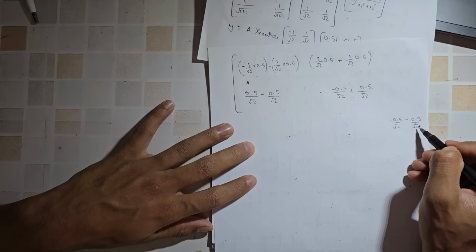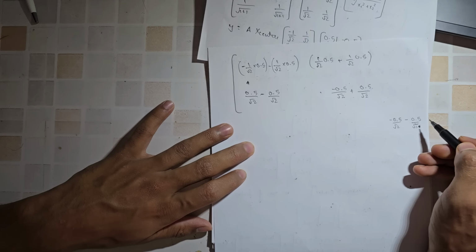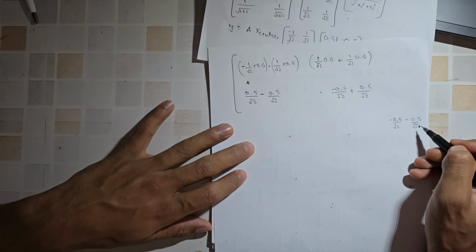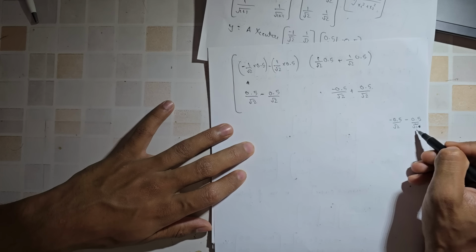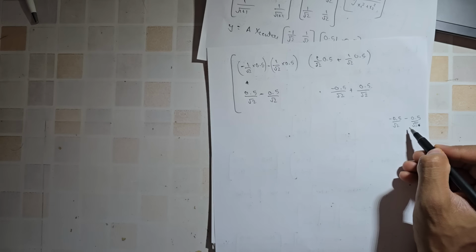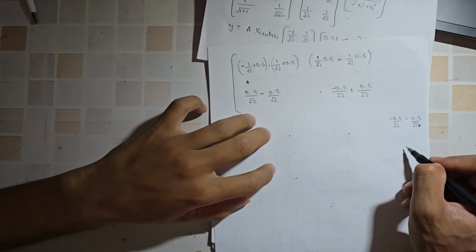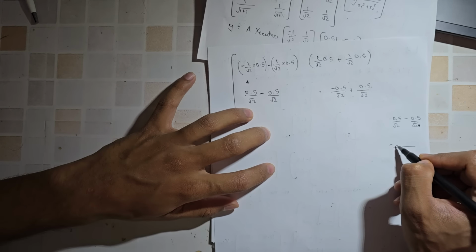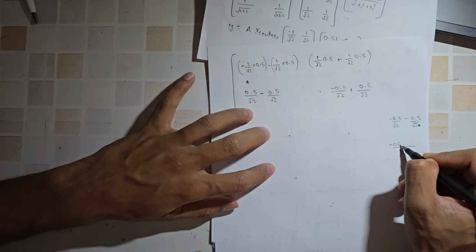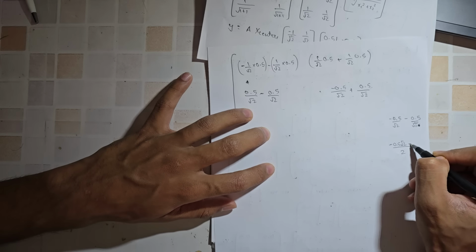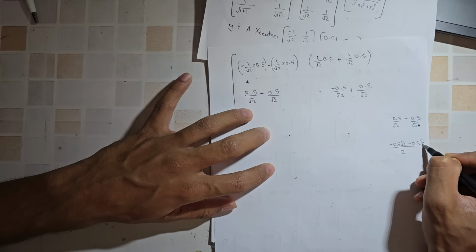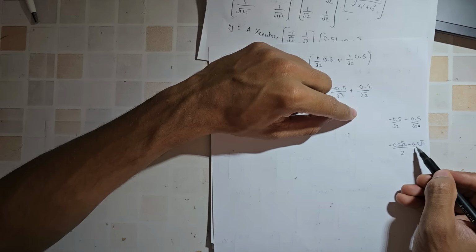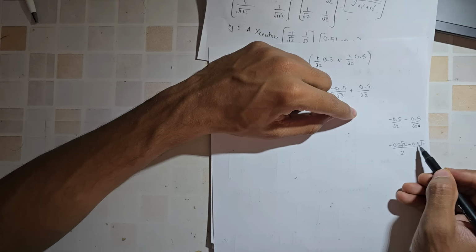If you cross multiply, it will be, see, this thing is whole minus, this will go here, and this you have to multiply. If you are multiplying the denominator, root 2 into root 2 will become 2, then you will be having minus 0.5 into root 2 minus 0.5 into root 2. Okay, if you take minus this as common, you will be having root 2.